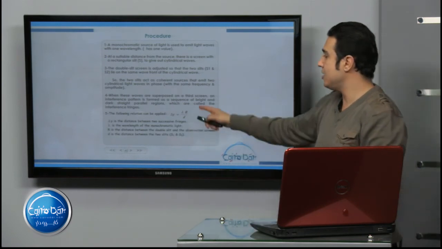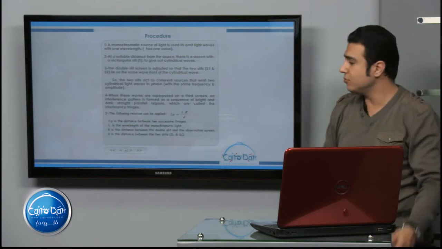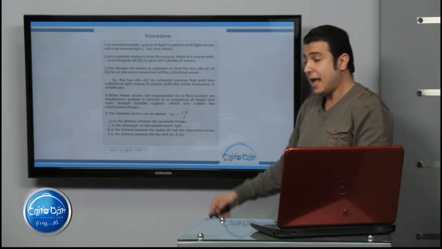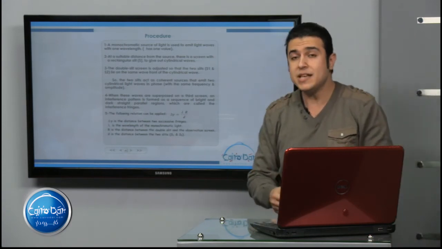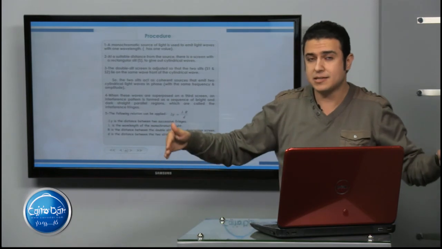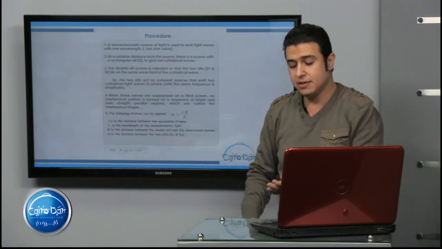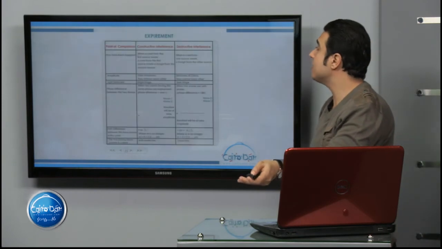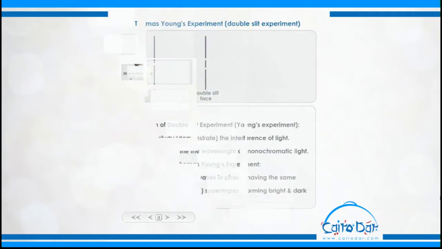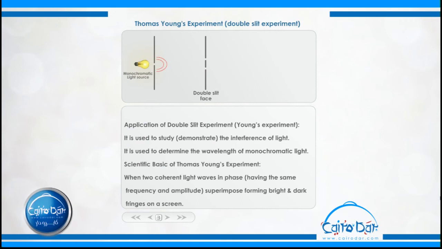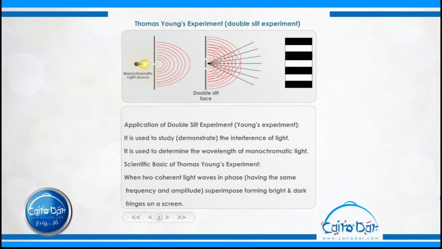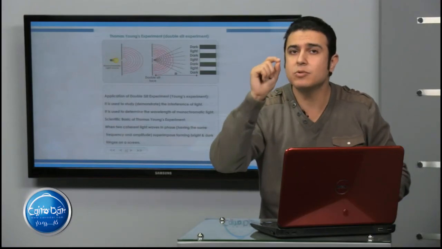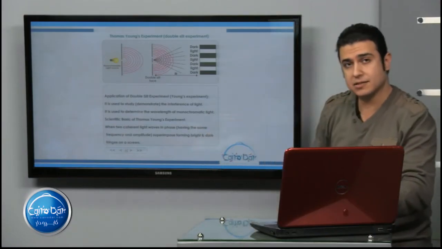So, from this relation, we can conclude that as we increase the distance between the double slit screen and the observation screen, we can see a clear pattern for the distance between the two successive fringes.